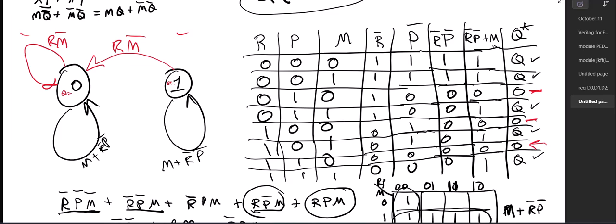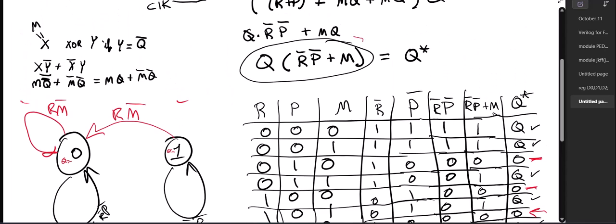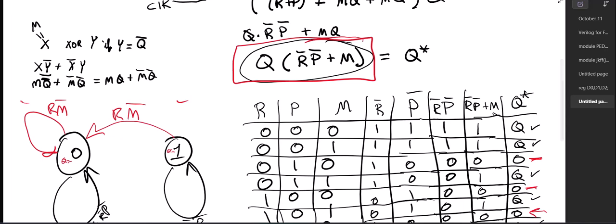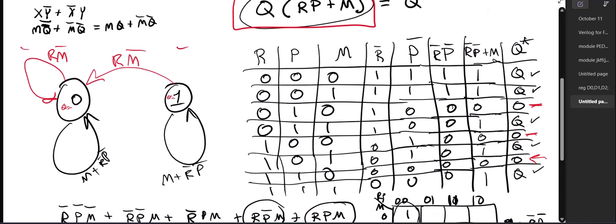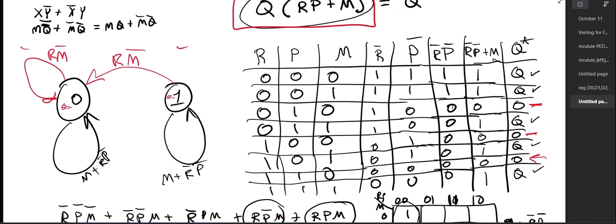And so I listed out my 8 possibilities for R, P, and M. And then from my characteristic equation, I said that Q star equals Q and (R bar, P bar, or M). So I found out what the value of R bar, P bar, or M is for each of these. And then I ANDed that with Q. So Q and 1 is Q, and Q and 0 is 0.